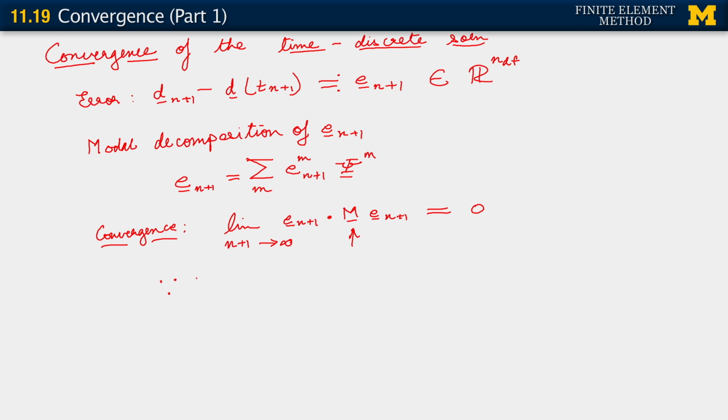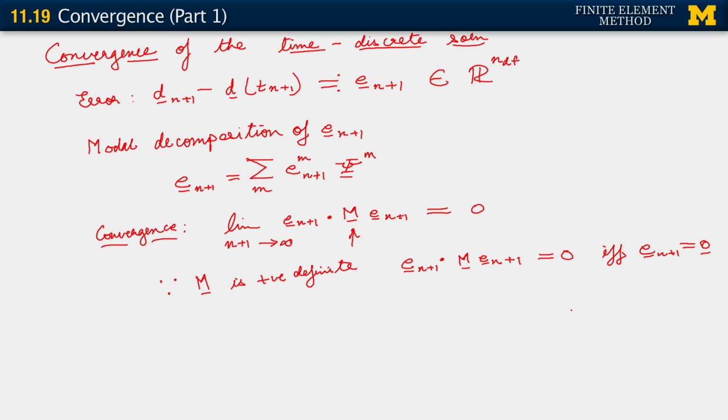Since M is positive definite, E n plus 1 dotted with M E n plus 1 equals 0 if and only if E n plus 1 itself equals 0.